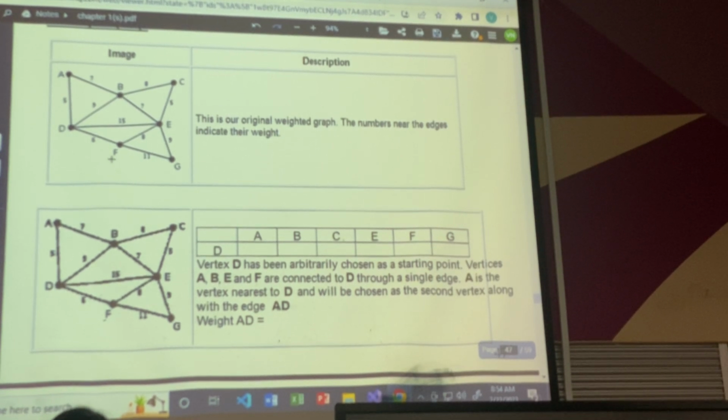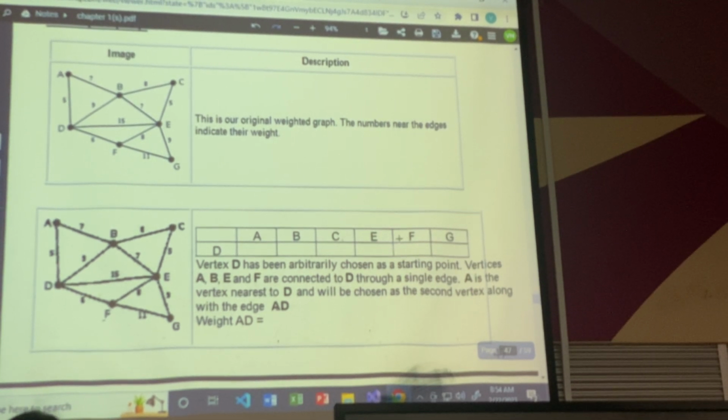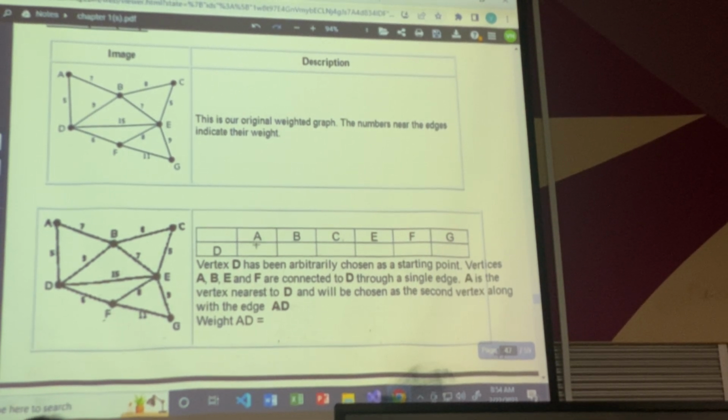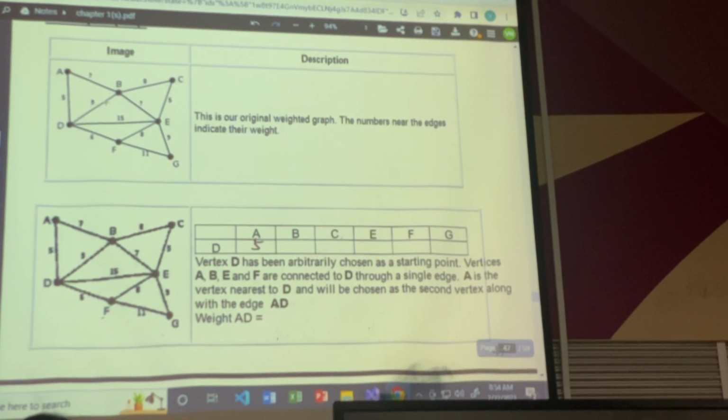What we need to do now is write all the weights in the vertices here. So we put it in a table form. Every step, draw a table. The D go to A, you have 5. D go to B is 9.